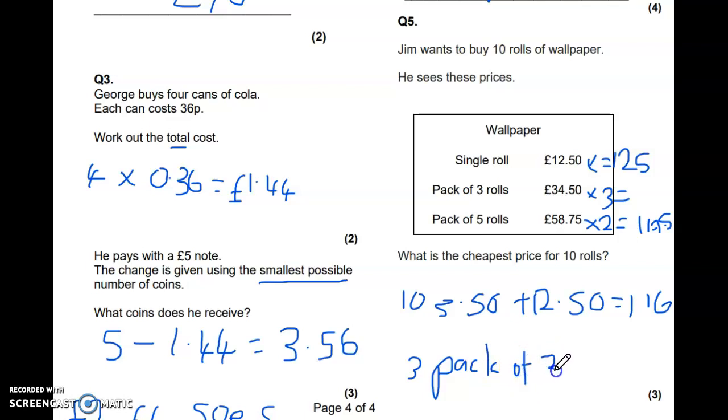So 3 packs of 3 followed by 1 single. That would get into his 10. And then that would be the cost of £116.